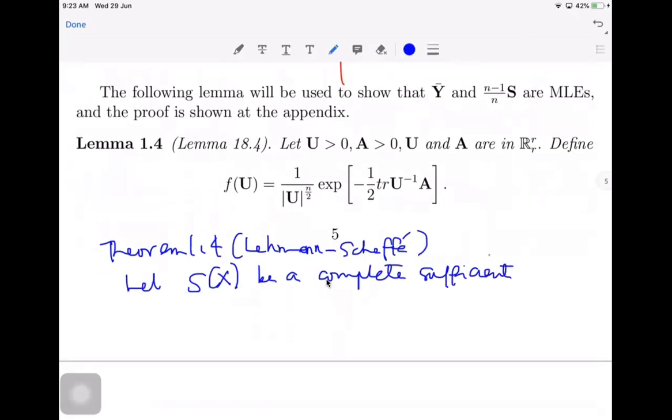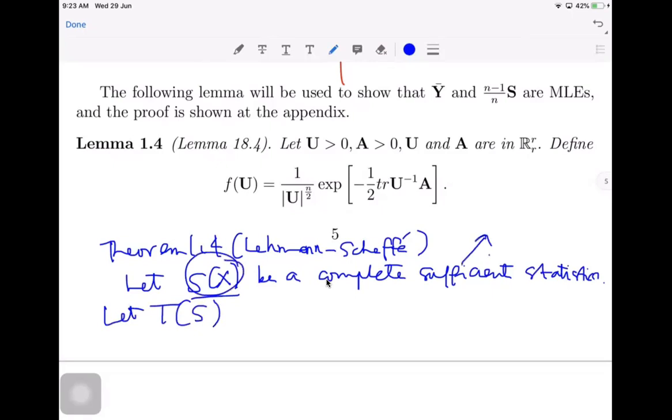Okay, so this is theorem 1.4. If your statistic, which is a function of x, is a sufficient stat, is already a complete sufficient stat, no? And then if we can make a new statistic, which is a function of this complete sufficient stat.